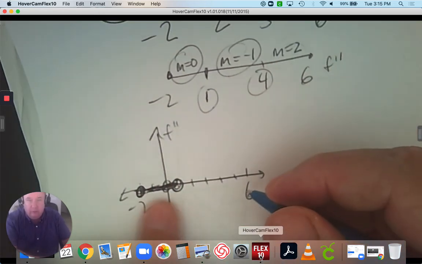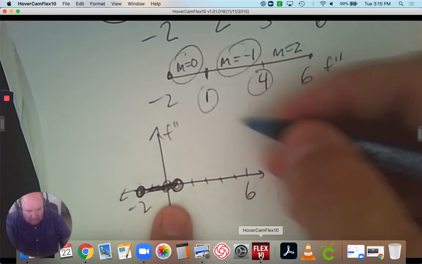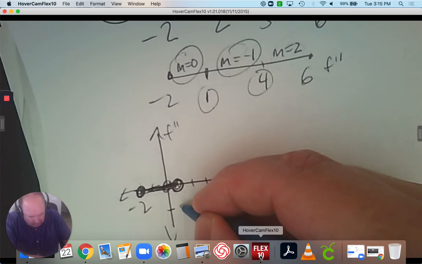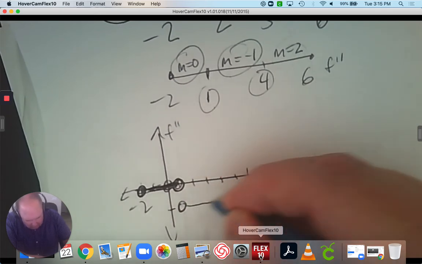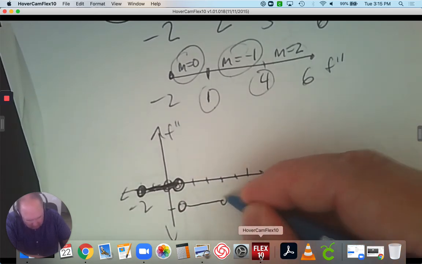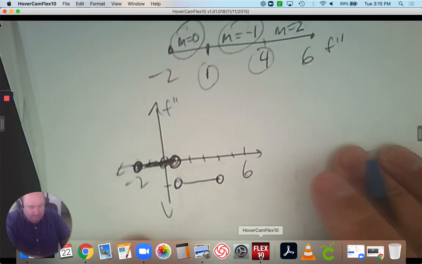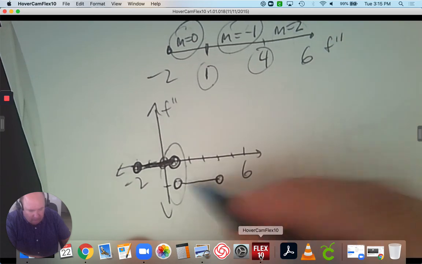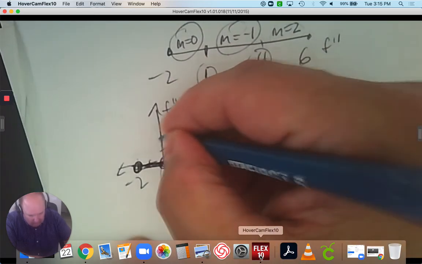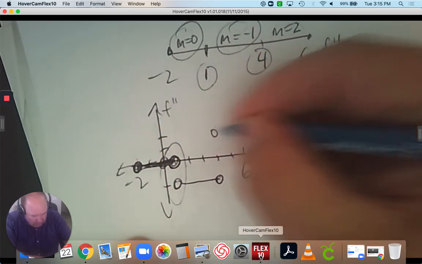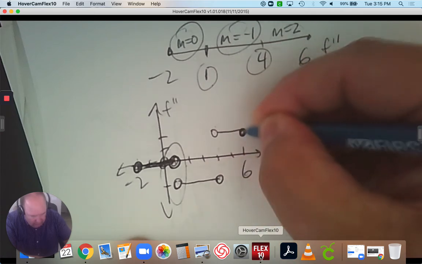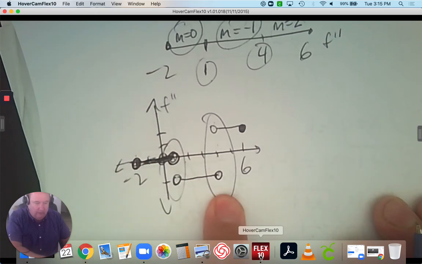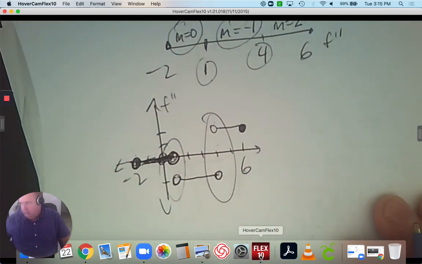So that shows the slope is 0, and there's a hole here. From 1 to 4, it's -1. Holes on both sides. So it's undefined here and here. So the slope is 0, the slope is -1, and then the slope is 2. And here just shows where the derivative is undefined. So horizontal lines to represent the slope at each part.